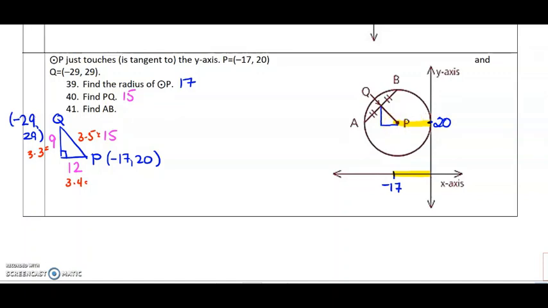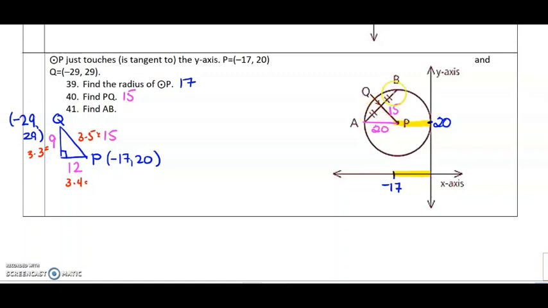In the last problem, I'm going to erase those two lines. I now know that this distance is 15. This distance is 15. And from the first part of this problem, I know this distance is 20.